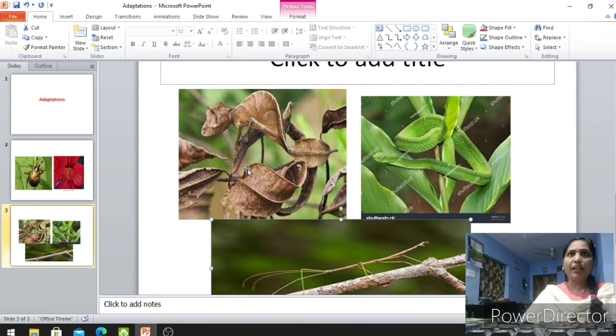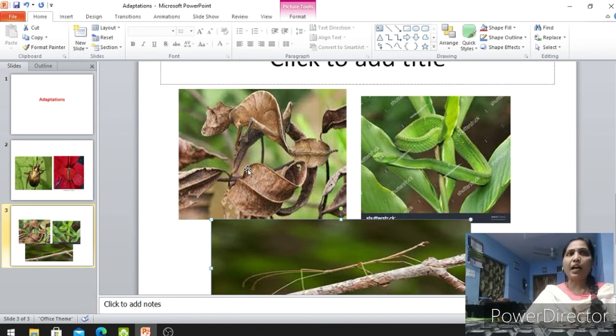So all the organisms are showing these adaptations to survive in nature, to continue their species in nature, to live on this planet Earth. They are showing n number of adaptations.